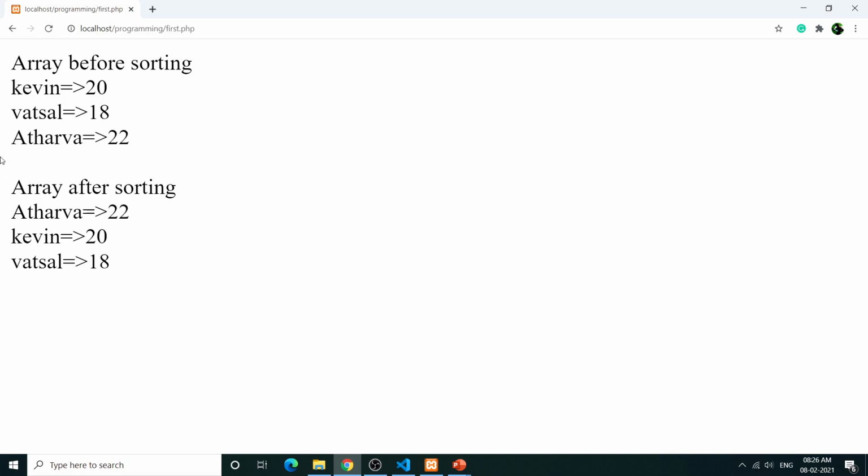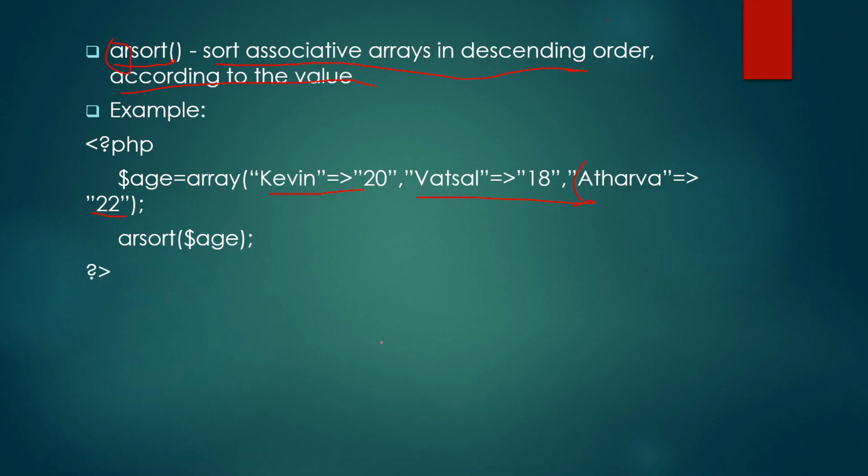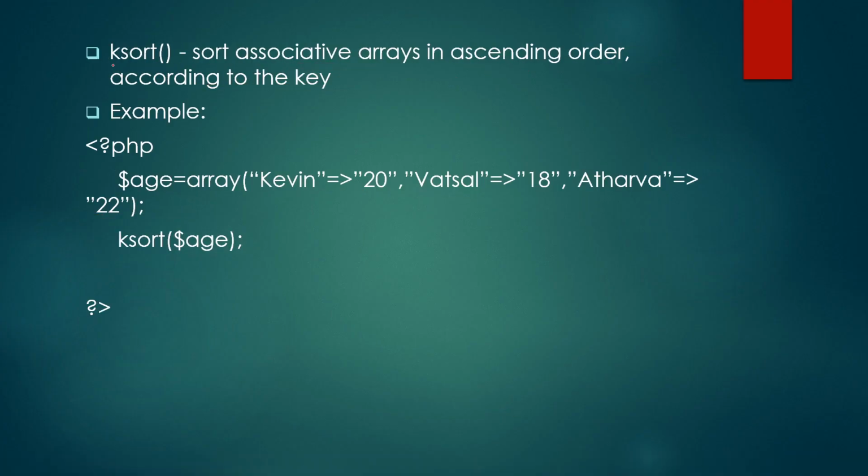Okay, but let's say I want to sort according to the key. So we have another function that we will be learning now. We have ksort, key sort. From the name itself, we can figure out, it will sort associative arrays in ascending order according to the key.